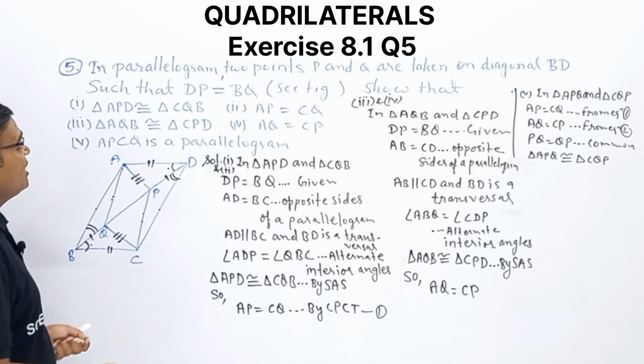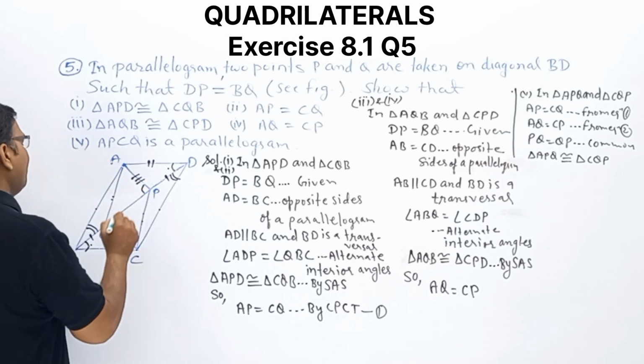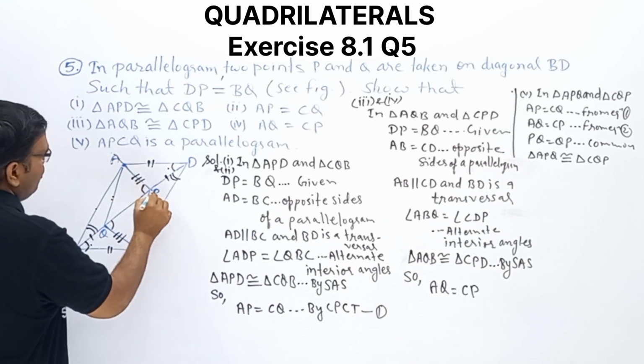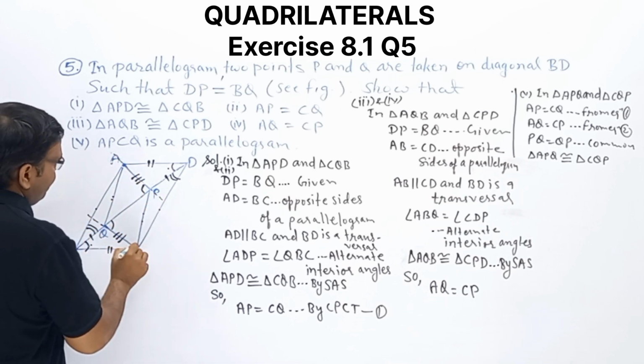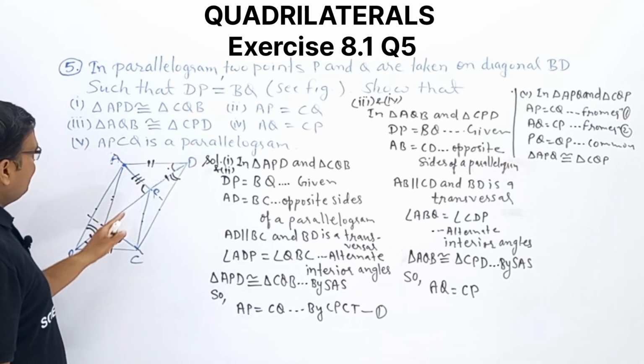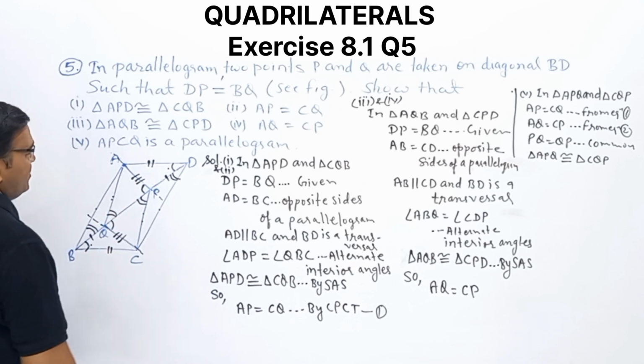It means corresponding angles of these triangles will be equal. So this angle equal to this one. These are two parallel lines and this is the transversal. Then this angle equal to this one, and this angle equal to this one.